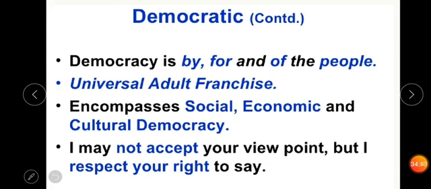Your viewpoint might differ, but we respect the right to say it. We have the right to speech. It doesn't mean that we can say anything. It is not mentioned there. Whatever is appropriate, we will speak like that.